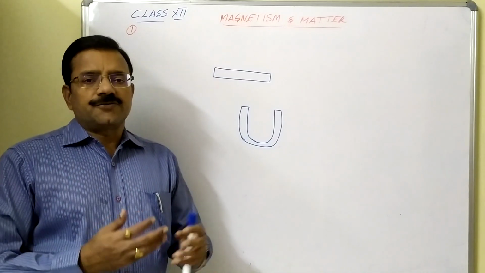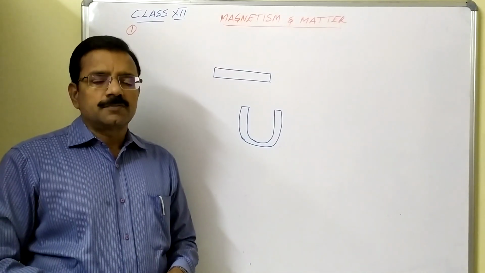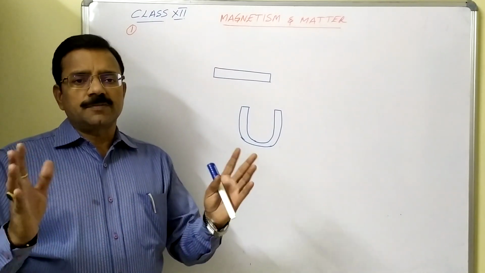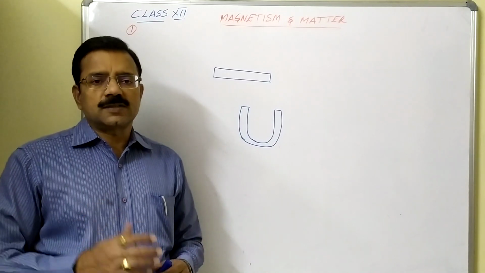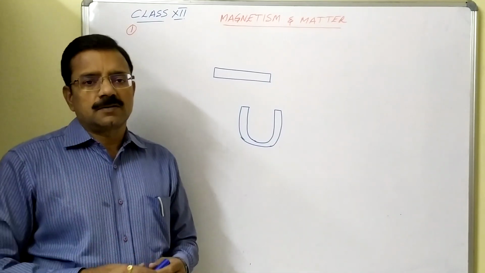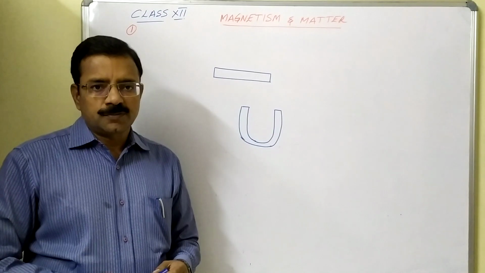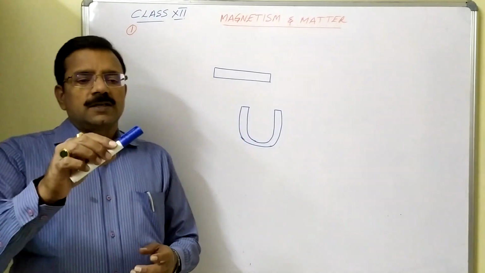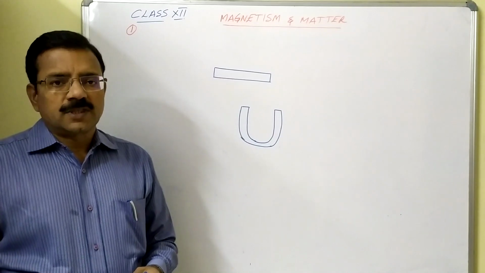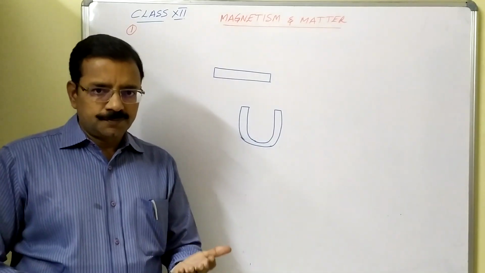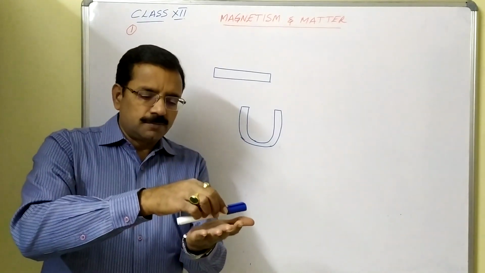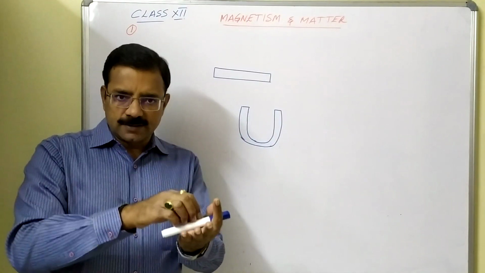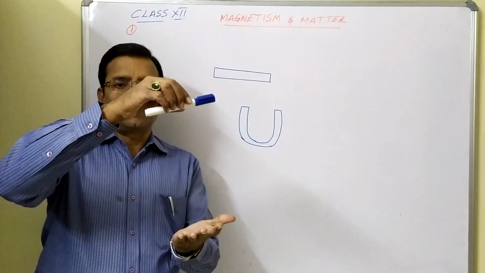So though there are different types of magnets, basically a magnet is a magnet. It possesses a few important characteristic features. One of them is its attractive property. Take a bar magnet and dip it in iron filings and lift it up.